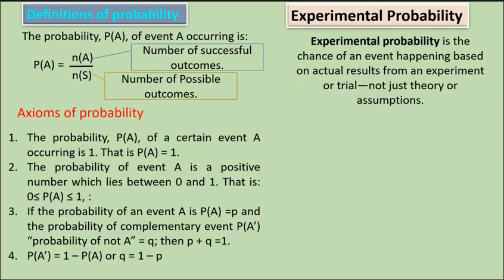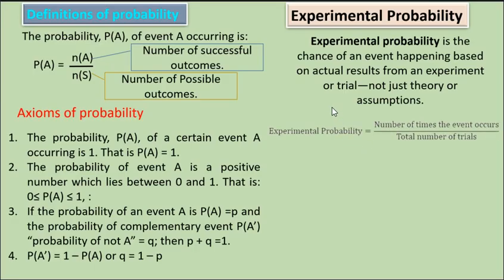For example, the number of cars parked at a particular garage: we went there to count, Toyota is this number, Mercedes is this number, and Peugeot is this number. These are experimental outcomes. If I toss a coin 20 times, I will get a certain number of heads and a certain number of tails. That is an experiment. If I roll a die several times, I will get a certain number of either 1, 2, 3, 4, 5, or 6. That's an experiment. The outcome of this kind of experiment is known as experimental probability.